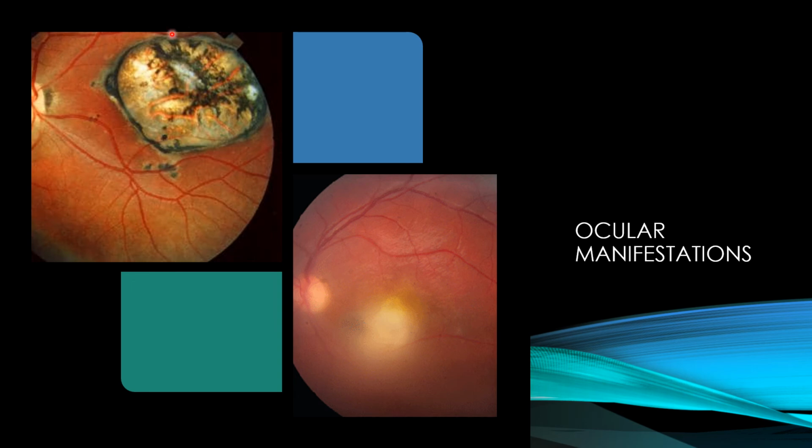So in this upper left-hand photograph, we see this area of necrosis. Note sort of the black tissue exposure of the underlying choroid. And this would sort of be presumed ocular toxoplasmosis.